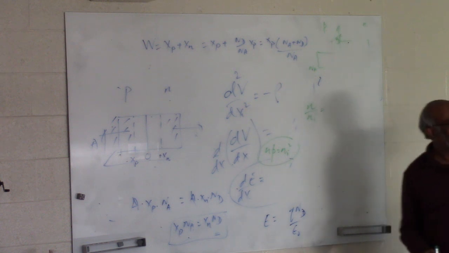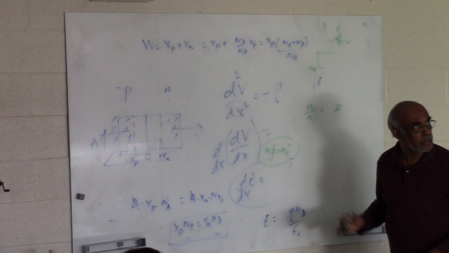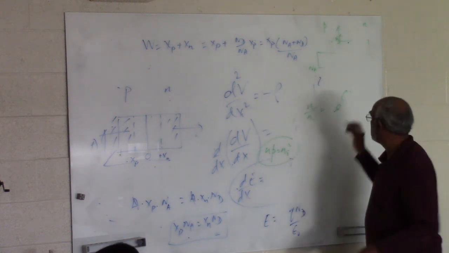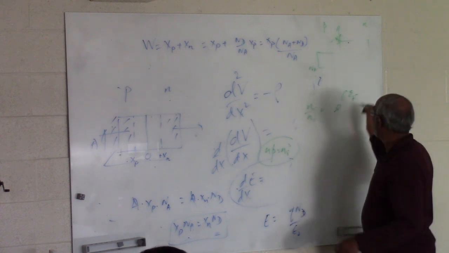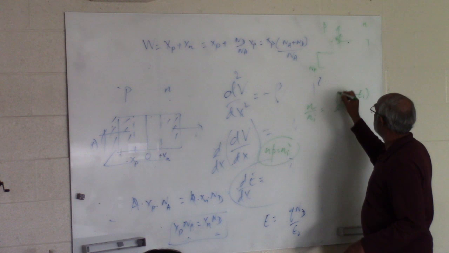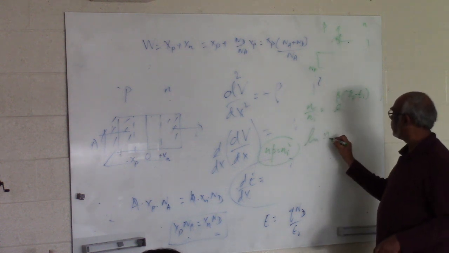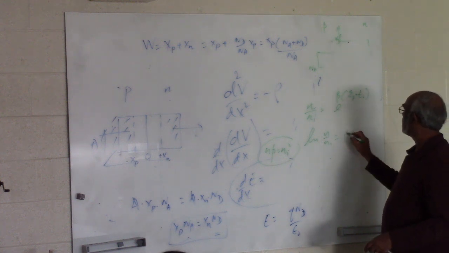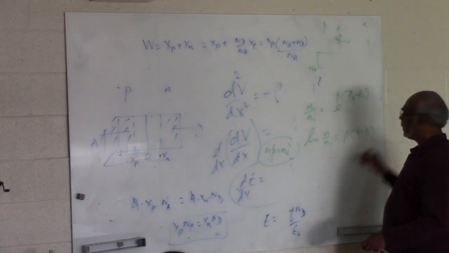So n over Ni equals the exponential of beta times (Ef minus Ei), with Ei the intrinsic value and Ef the Fermi energy.